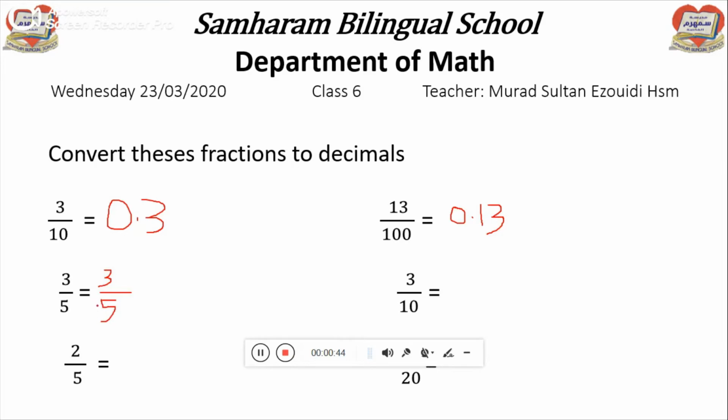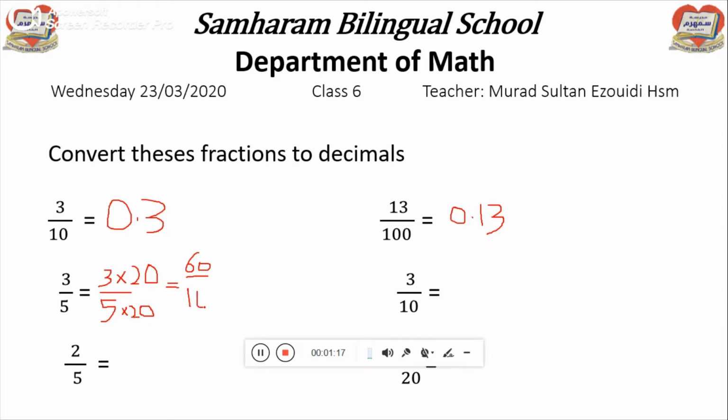In order to make the denominator 100, you should multiply the numerator and the denominator by 20 to get 100. We should multiply the denominator by 20 and the numerator also by 20. So this one equals what? 20 multiplied by 3 is 60, and 20 multiplied by 5 is 100.